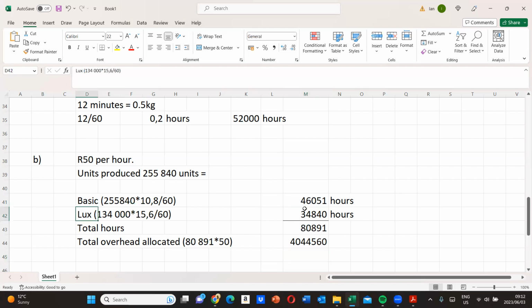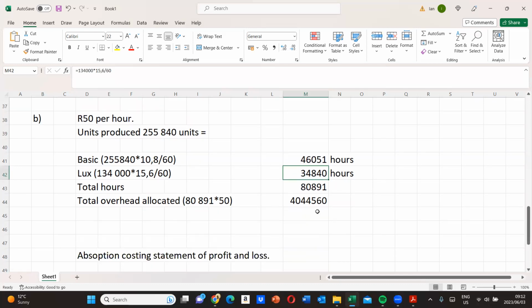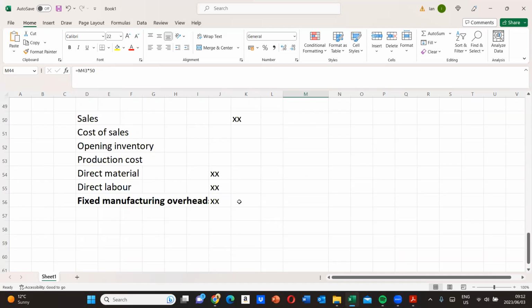Then you do that for Lux, you multiply by 50, and it gives you the same. Then you add together your totals there. It should actually give you 4,044,560. So that's your total fixed manufacturing overheads that you're going to record here.